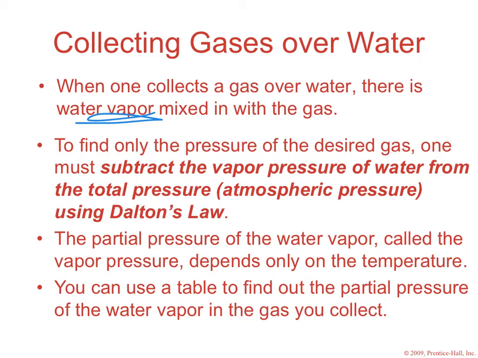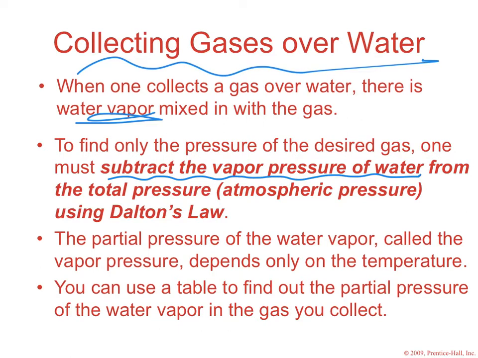So there's some calculations to do with that, but the most important thing for you to realize: if you do collect a gas over water, you must subtract the vapor pressure of the water from the total pressure of that mixture, which again is atmospheric pressure, okay? So that's the first thing we're going to do in this next example. And a reminder again, this is a typical problem that you will see for one of your free response questions. So pay close attention, make sure you understand.